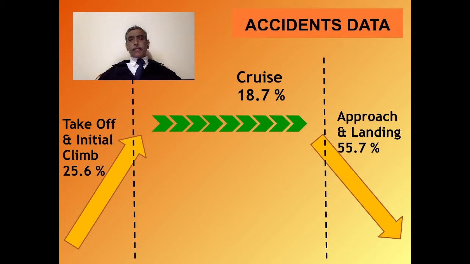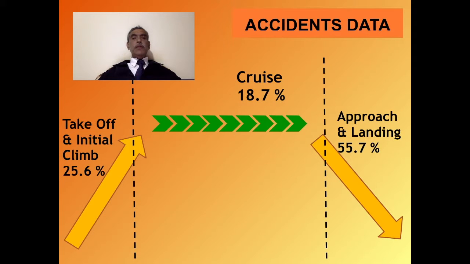And now I thought it's important to highlight this particular aspect. There are different phases of flight, and accident data of the past shows that takeoff and initial climb constitute approximately 26% of the causes of accidents, and the approach and landing phase constitutes about 56%.